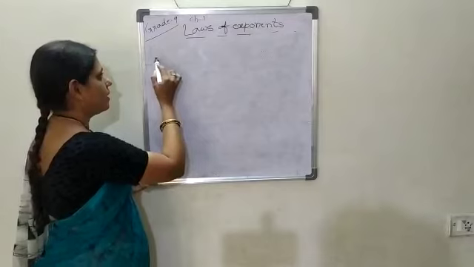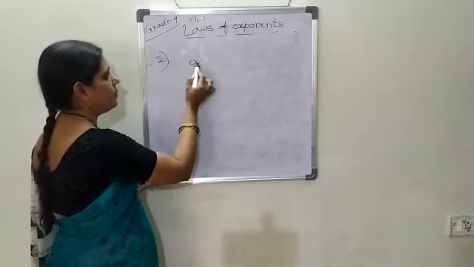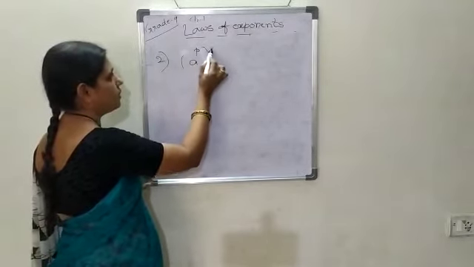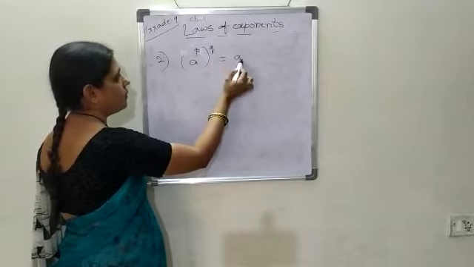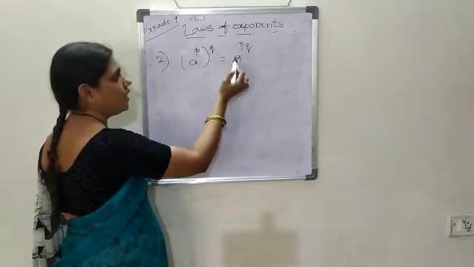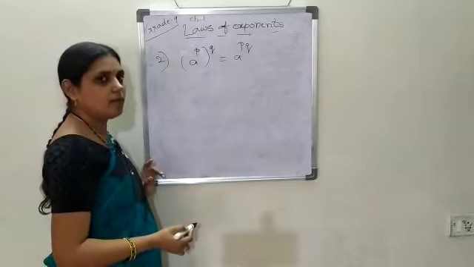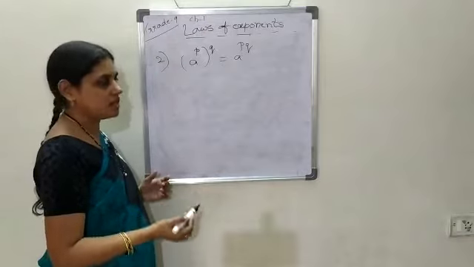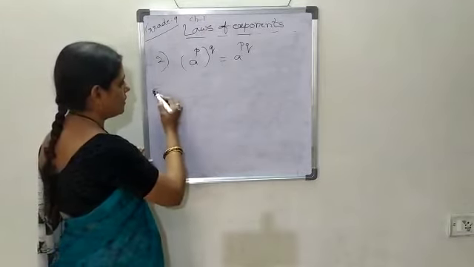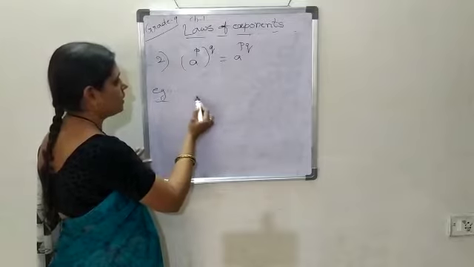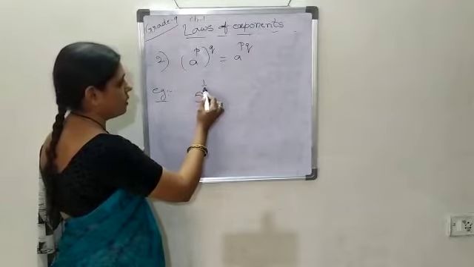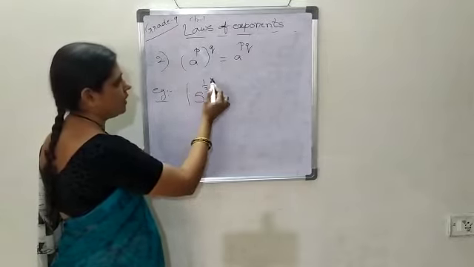Now coming to the next law, a power p whole power q equal to a power pq. Even here a is any positive real number and p and q are any two rational numbers. For example we can take 5 to the power 1 by 3 whole power 5.